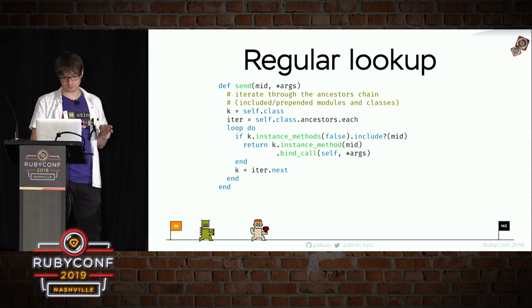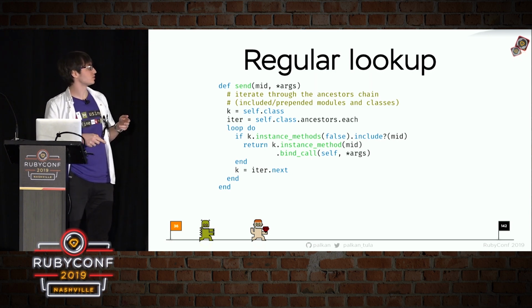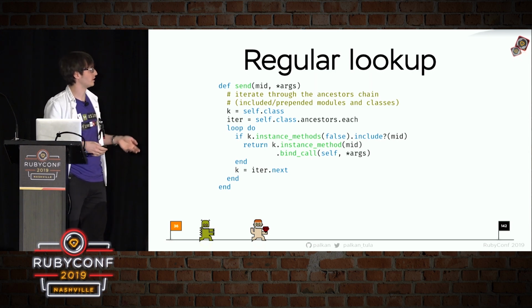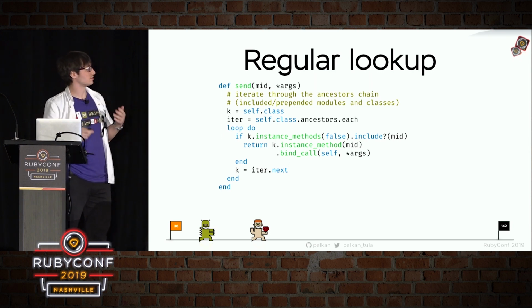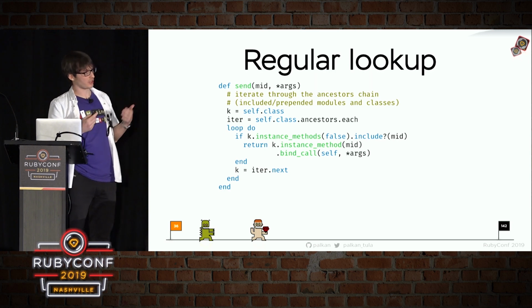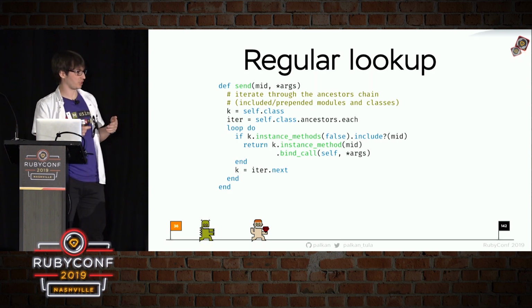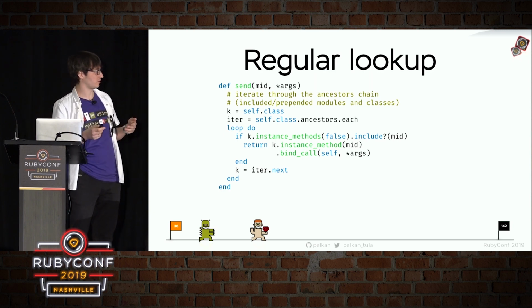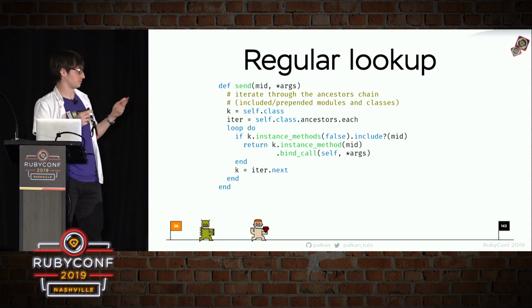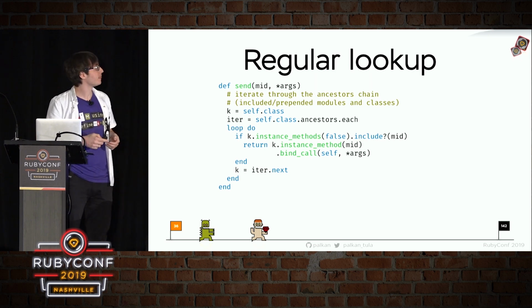We go through the ancestor chain for the object's class, so it's prepended and included modules, the class, singleton class, parent class, and so on and so forth. And we just check every module or class in this chain for whether the method is defined there, and if it is, we use it and apply it.